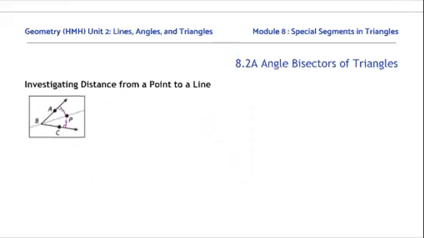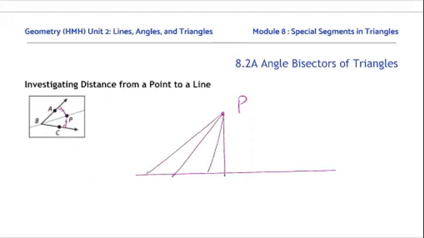Generally speaking, if you have a line like this and you have a point P, you could draw a bunch of lines, but it's the one that is the closest that matters. And it just happens that the closest segment to line L is in fact the perpendicular to the line. Let's give it a point B here.